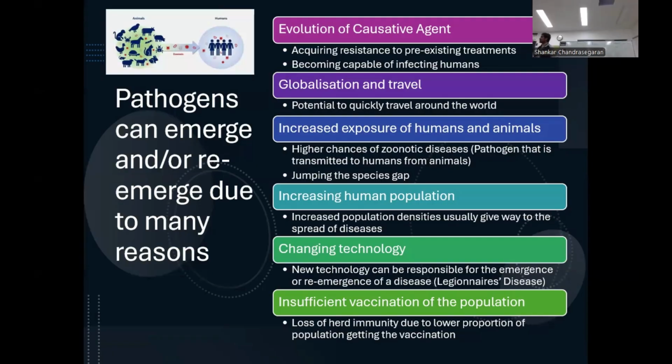And moving on from that is the increasing human population. So another factor that causes the emergence and re-emergence of pathogens is the fact that there's so many people out there. That means sometimes there can be situations where there's a lot of people gathered within a small amount of space, meaning a high population density. Think of a city like Hong Kong, or the slums in India.